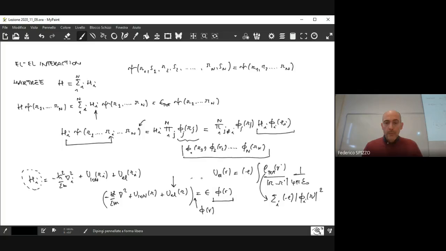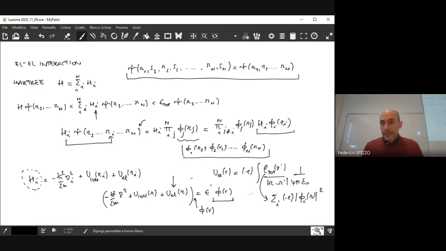So the complexity that was due to the use of an n electron wave function was reduced down to the use of just a one electron wave function, let's say. We have to pay for this reduction, in the sense that we have to use this iterative approach to find the actual set of one electron wave functions that solve the problem.